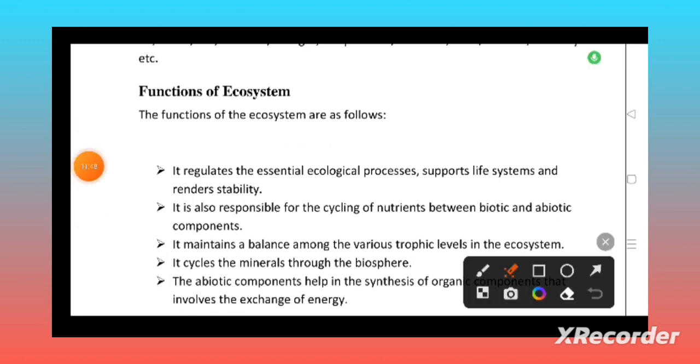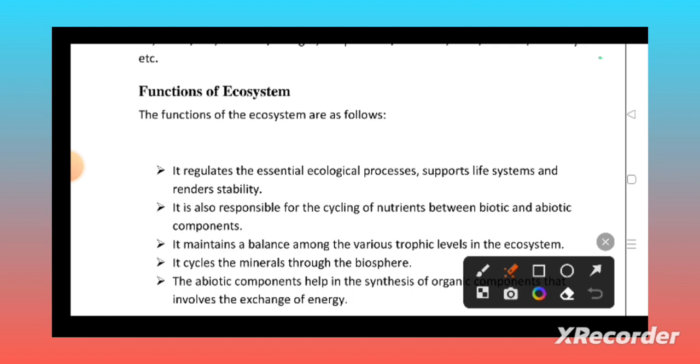The functions of the ecosystem are essential: they support life and help in maintaining the stability of the ecosystem. They are responsible for the recycling of nutrients and minerals between the biotic and abiotic components.